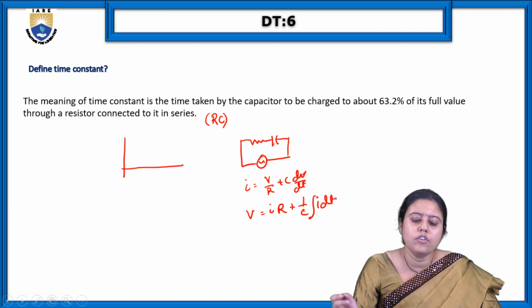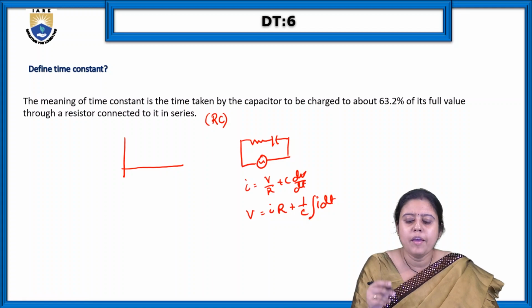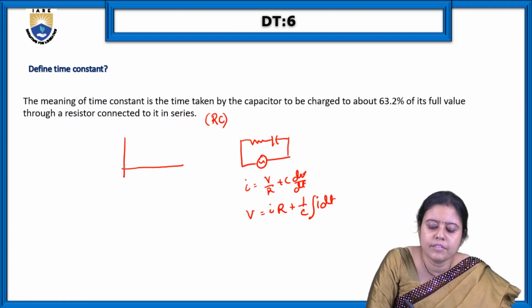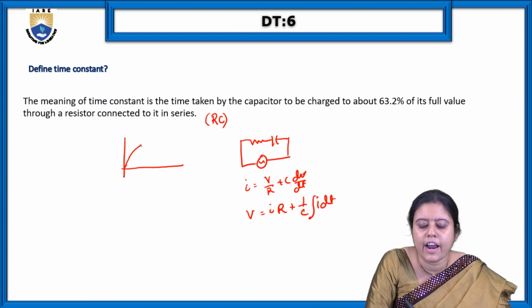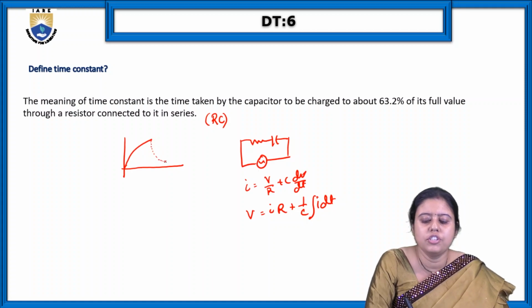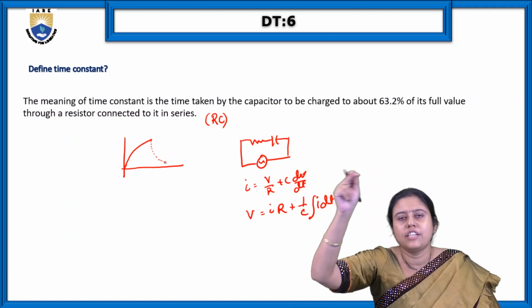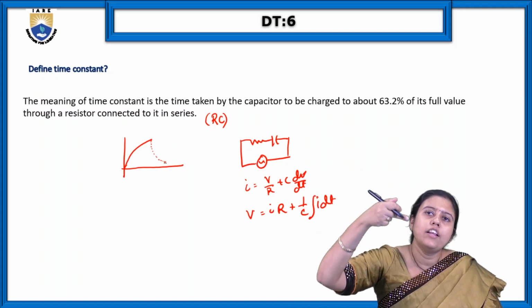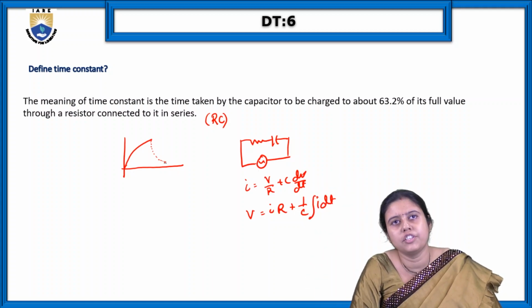If the input is an AC, the capacitor will start to charge, and after a moment it will start to discharge. First it will charge exponentially, then it will discharge exponentially.